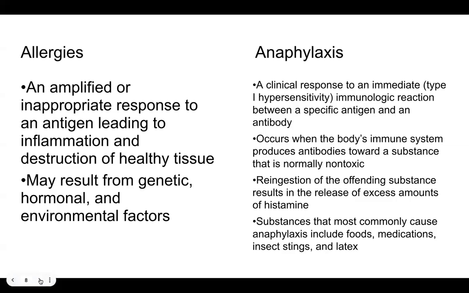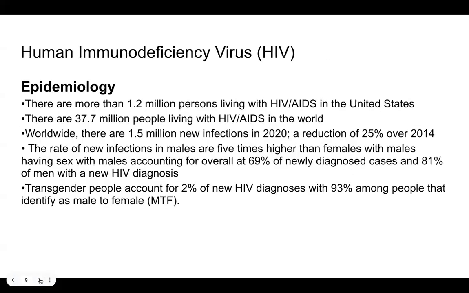All right, so now we're going to move on to HIV. HIV, also known as human immunodeficiency virus. It's important to know there are more than 1.2 million persons living with HIV or AIDS in the US.